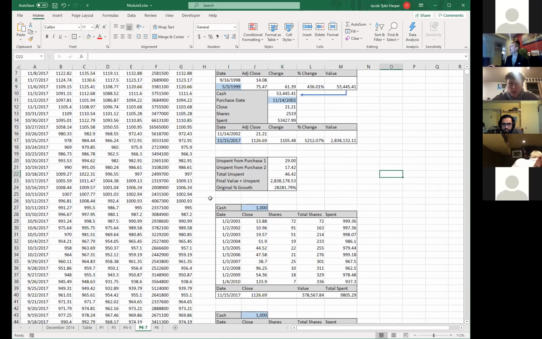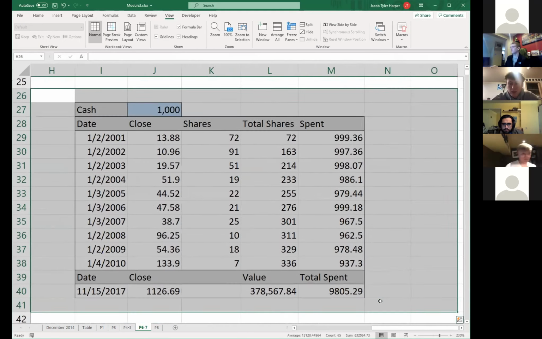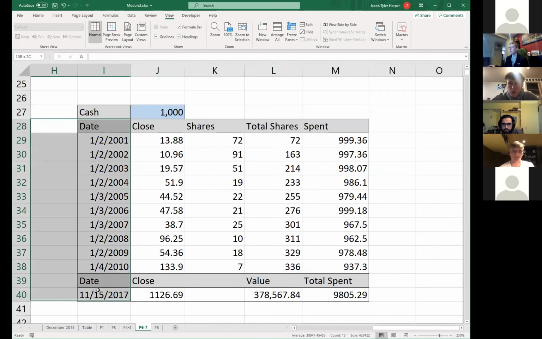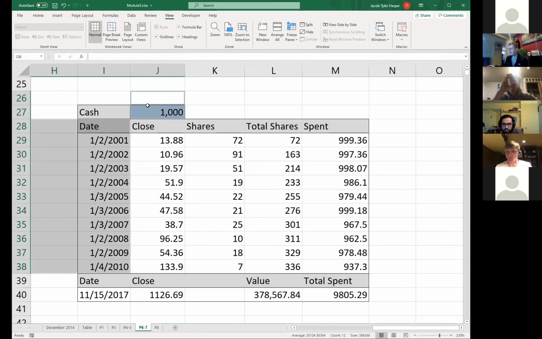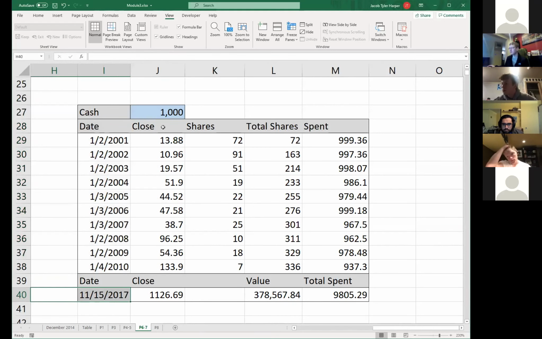Now, in part 7, what we were doing was taking these 10 dates that they gave us and investing $1,000 at a time, and just taking these 10 separate investments and sort of doing the same things we've always been doing. Just tracking them, see how much money we spent, see how much we bought, and then having some final investment all the way down in 2017.